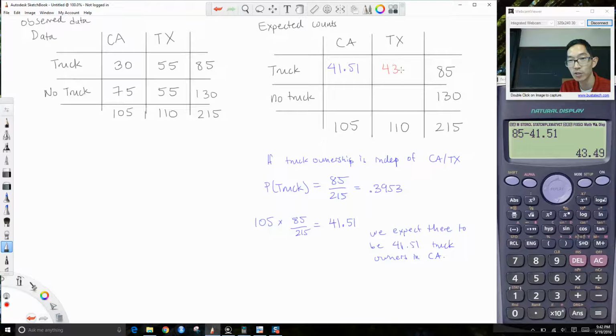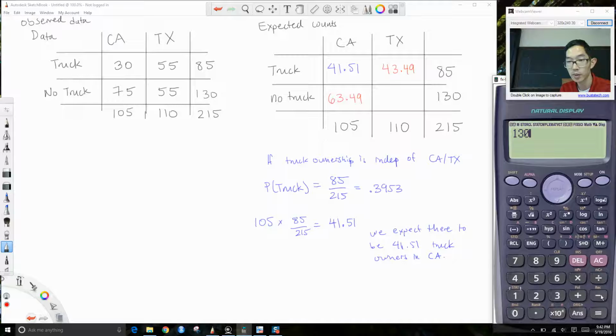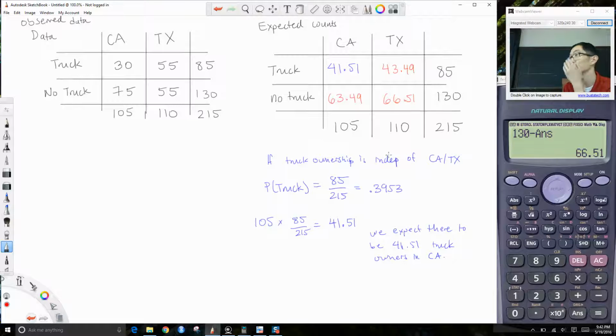It has no other choice, otherwise it won't add up to 85. And then likewise, this has to be 63.49, and I do 130 minus that number, and I get 66.51. So all of these other numbers are determined as soon as I get that one number.